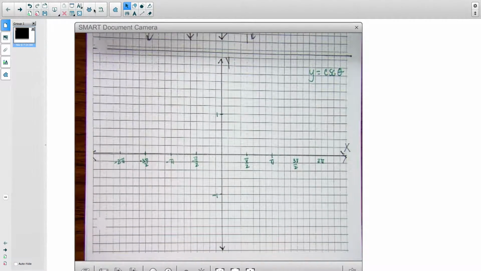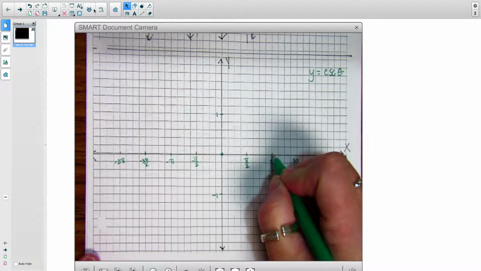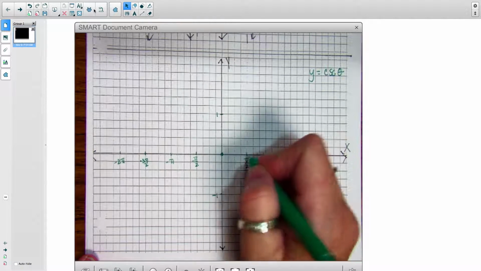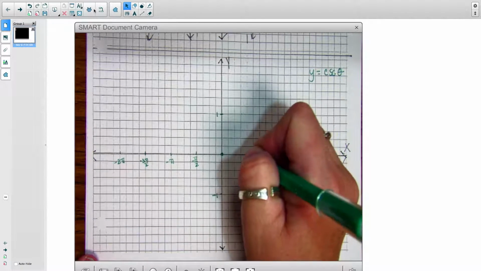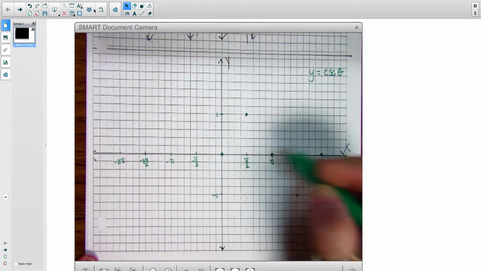Now for the cosecant, we're going to graph which function? The sine. Sine starts at 0, at pi it's 0, at 2 pi it's 0. Pi over 2, it's at 1. 3 pi over 2 is at -1.